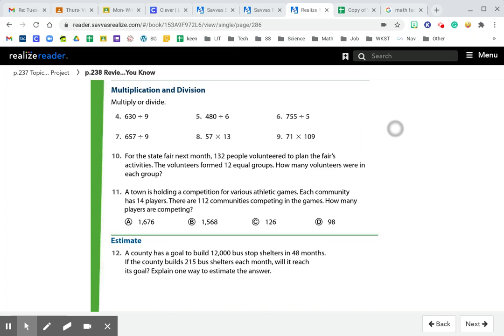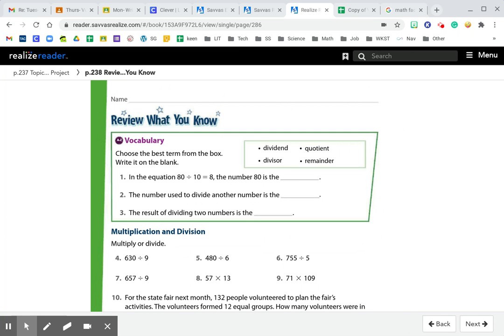All right, so we are going to do our review, looking for the best terms. In the equation, 80 divided by 10 equals 8, the number 80 we call the dividend. I'm going to use these vocabulary words, so you need to know what I'm talking about.